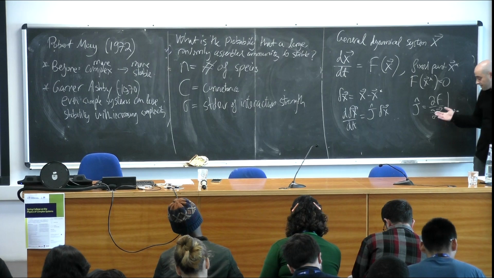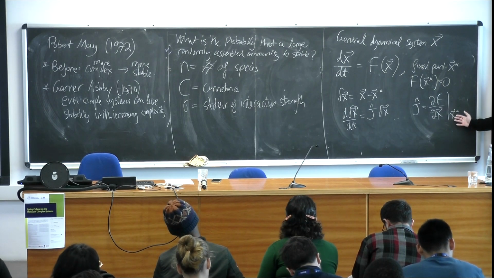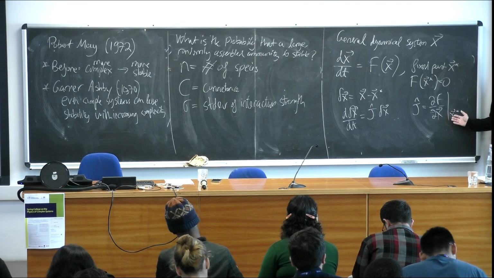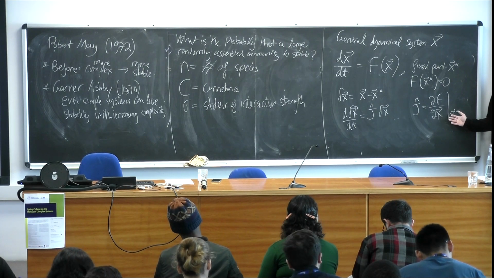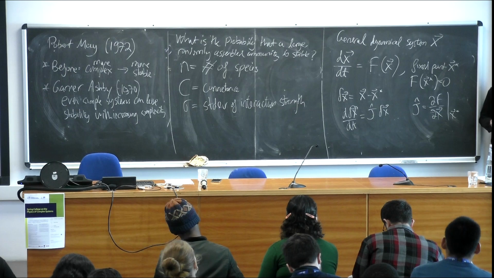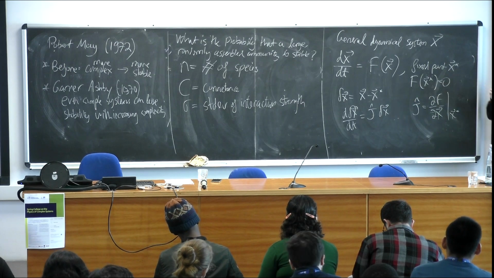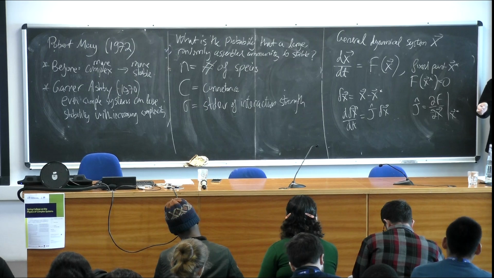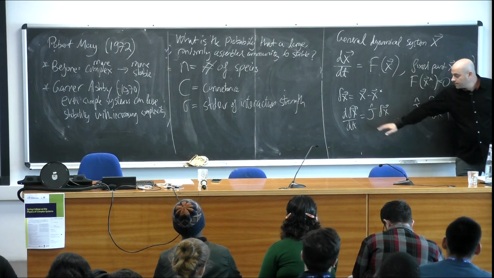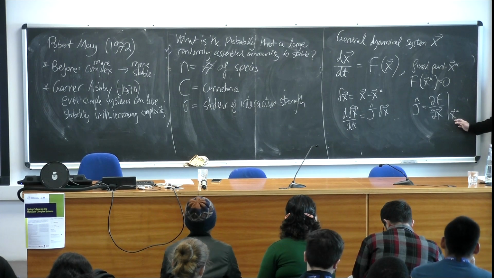Okay, we're basically, what is this? This is basically a Taylor expansion to first order about the fixed point, right? So a small perturbation about the fixed point. We put the system at its fixed point at x star, and now we slightly perturb it, and we say, well, the dynamics are dominated only by the first derivative at the fixed point, right?